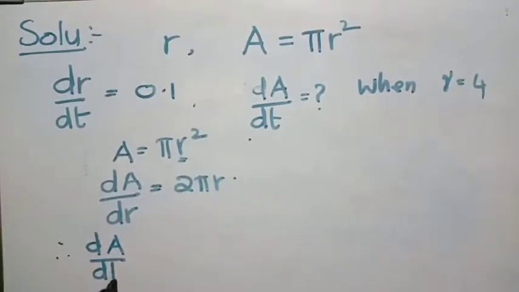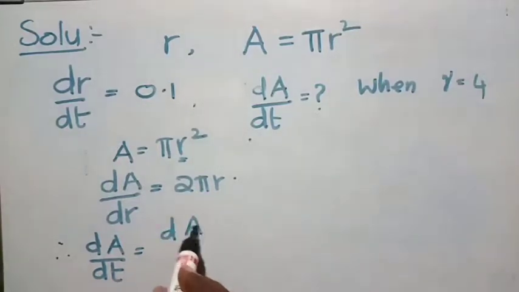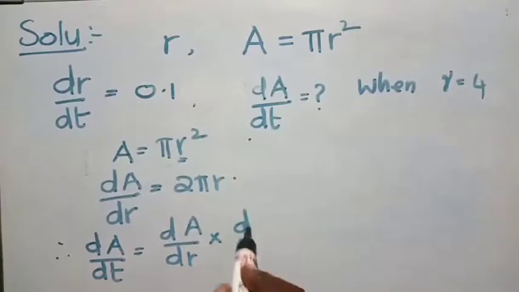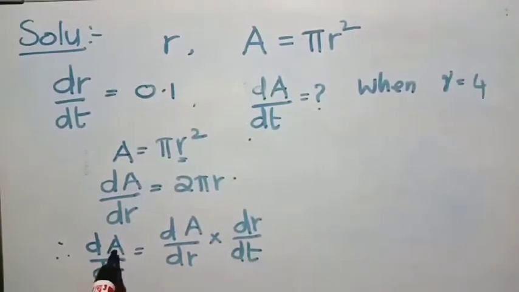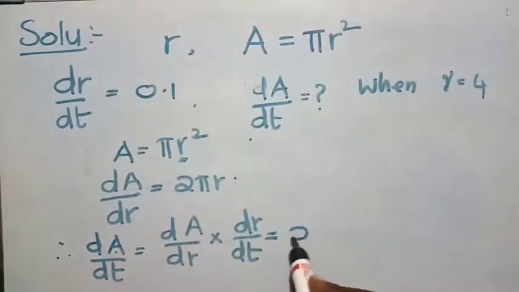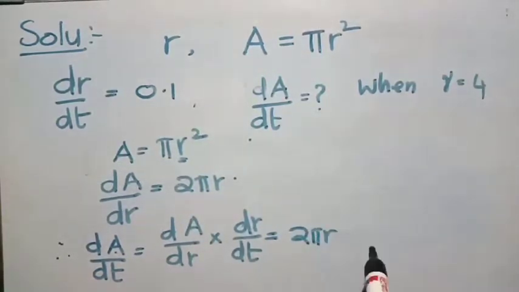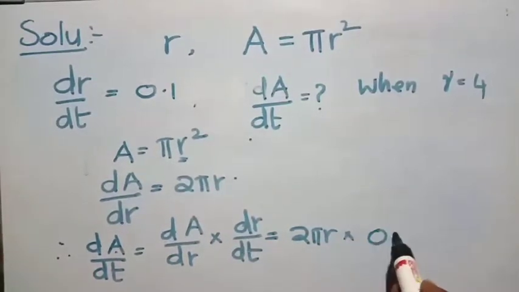Now, therefore, dA by dt is equal to dA by dr multiplied by dr by dt, isn't it? dA is in the numerator, dt is in the denominator, connected with dr. dA by dr is 2 pi r multiplied by dr by dt, which is 0.1.